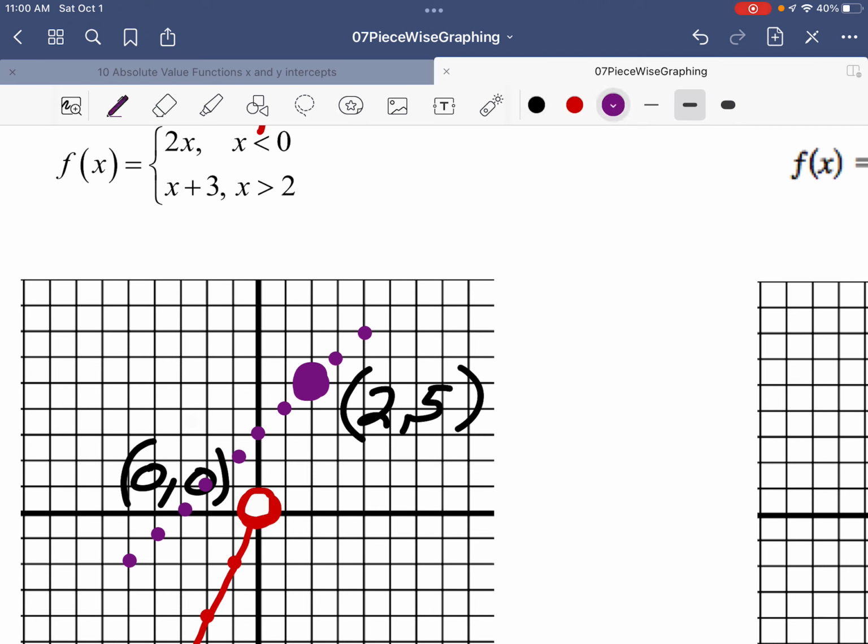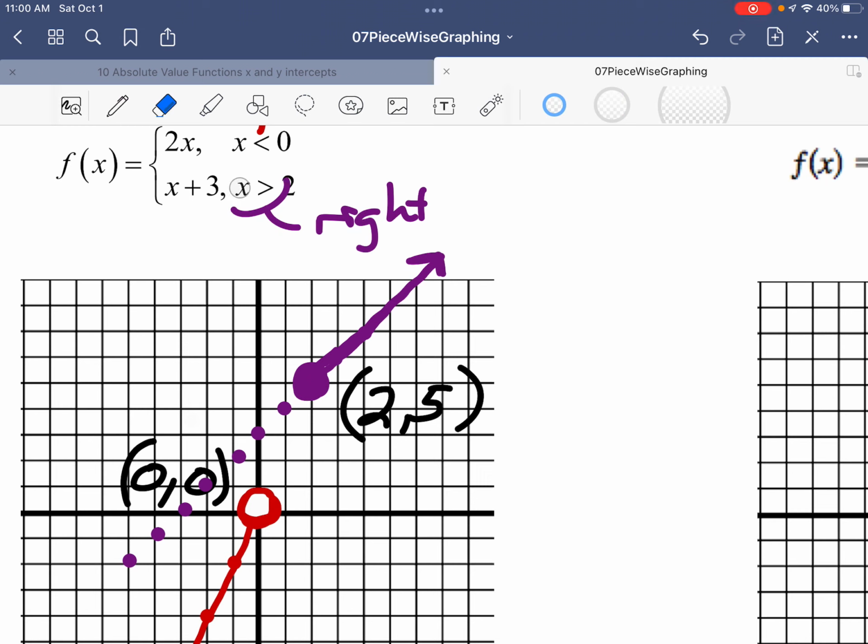So what do we have here? We have a greater than sign. Greater than means to the right. Which side of the graph is to the right of this point? That's correct, it's going this direction, to the right. So that's the part of the graph that I ultimately will draw.